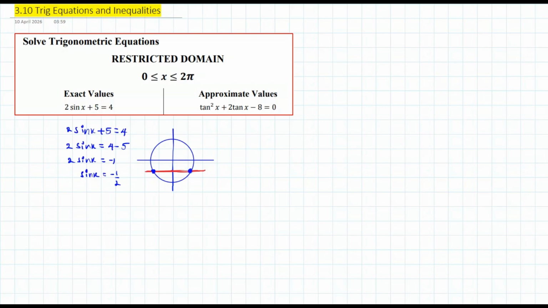Let's draw the negative 1 half line. You can see this line intersects the unit circle at two points, this point and this point. That means we have two solutions.